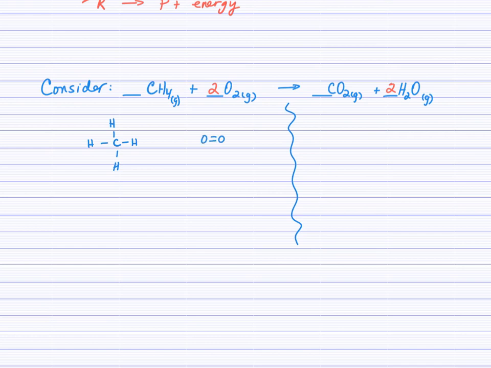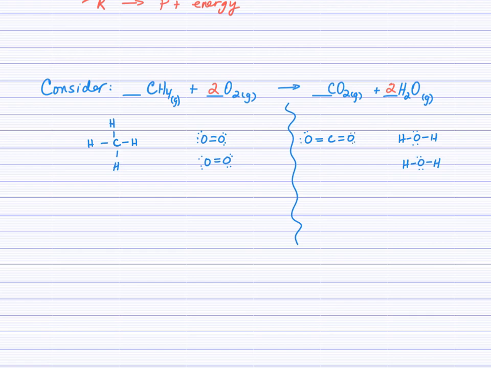Then we have 2 oxygen molecules, which we know experience a double bond between the oxygen atoms. We have a CO2 molecule, and then we have 2 water molecules. Okay, just completing these structures here.